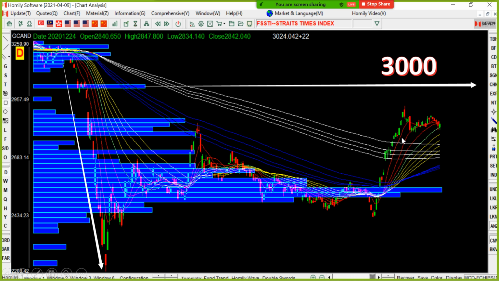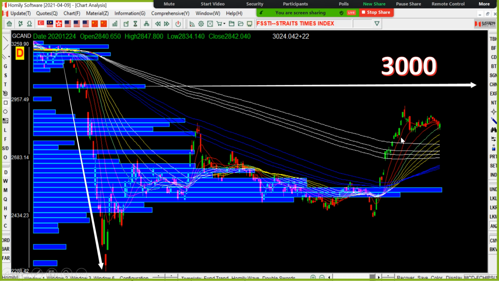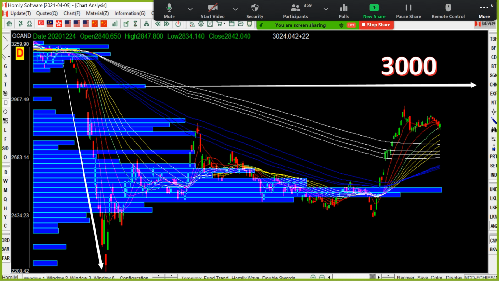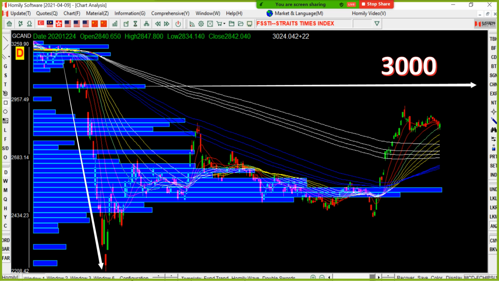Then our banks, property and other blue chips all rose up, and step by step now we are already here. So I think maybe next year in the first quarter, our STI can touch the next important level, the longer one.